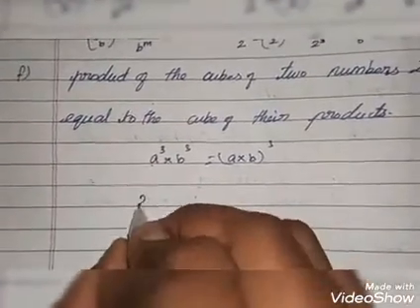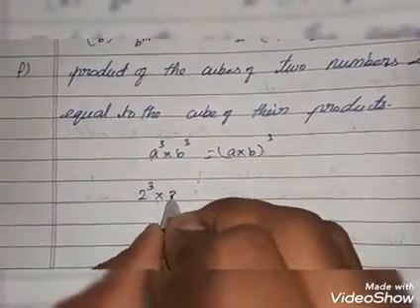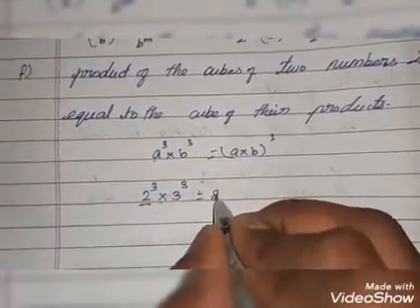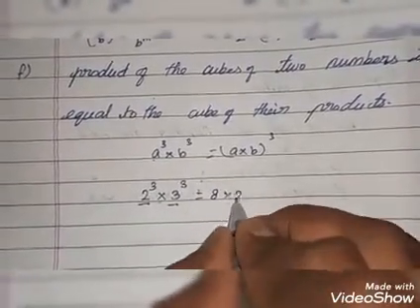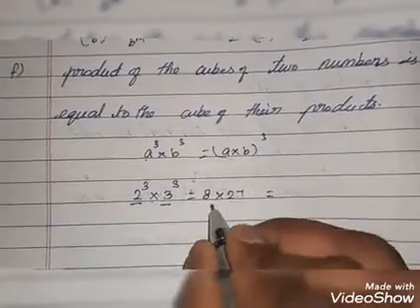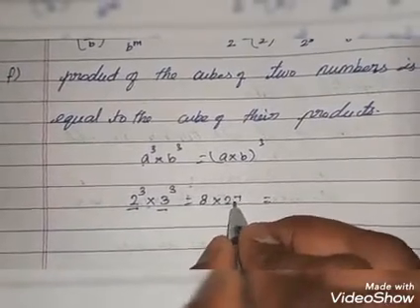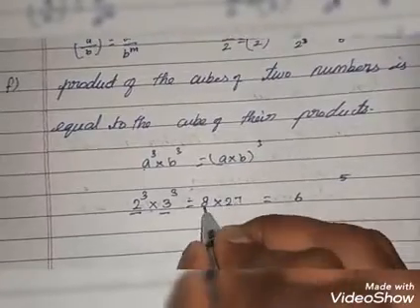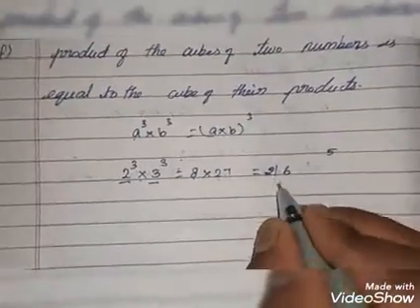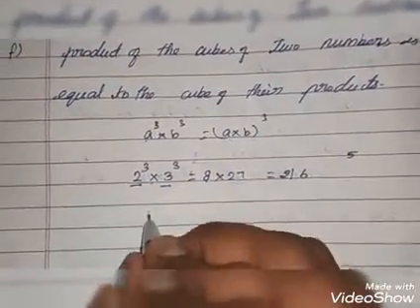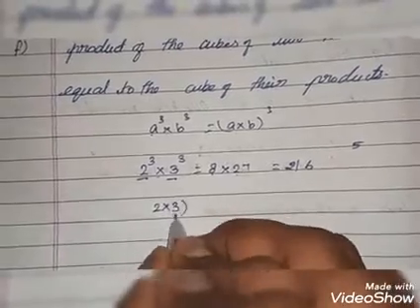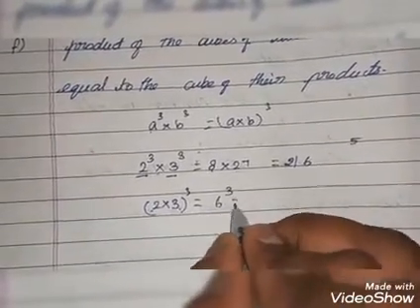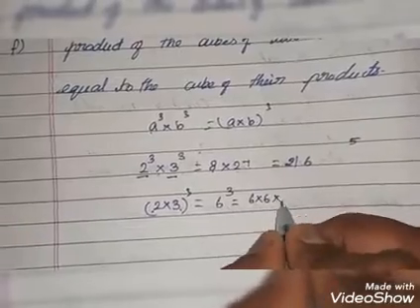For example, 2 cube into 3 cube. 2 cube is 8 and 3 cube is 27. So what value do you get? 7 8s are 56, 2 8s are 16, so you get 216. Next, (2 into 3) whole power 3. 2 3s are 6, so 6 power 3, which is 6 into 6 into 6.